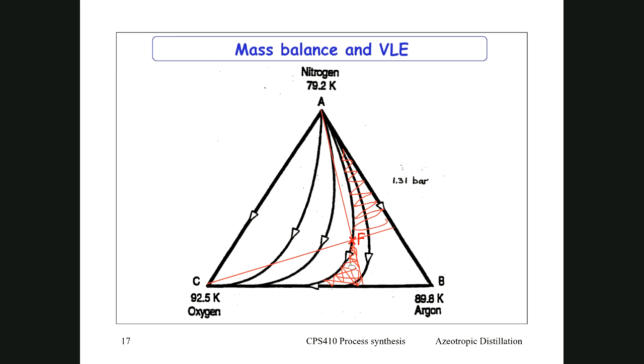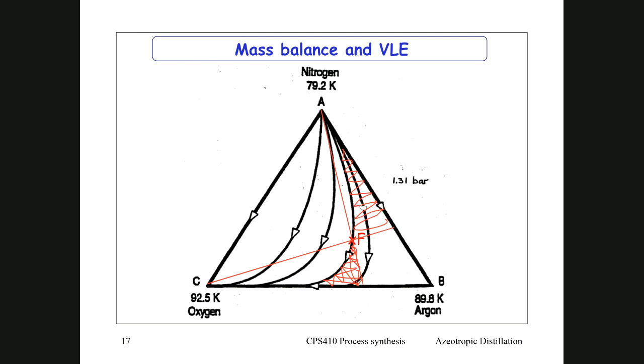That represents one of the boundaries of your distillation. Then the other boundary on both sides happens to be the residue curve that goes through the feed.